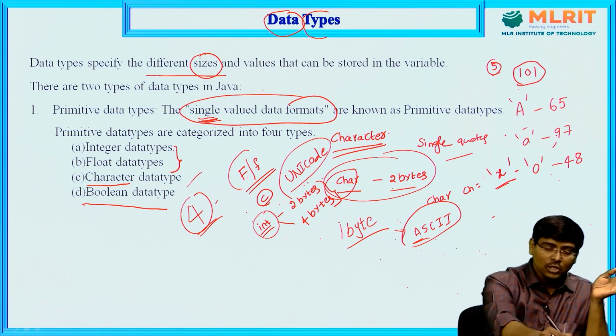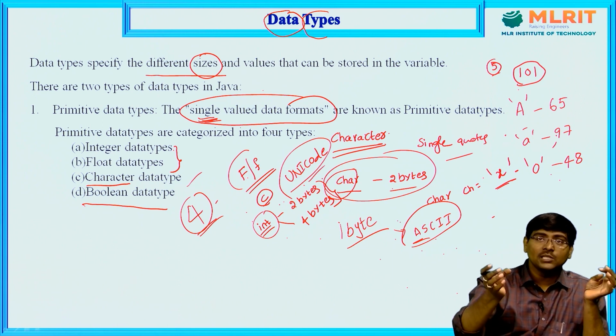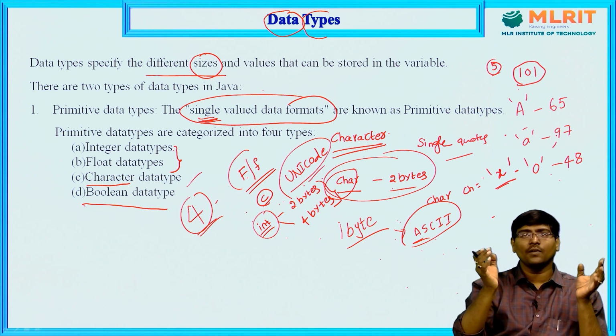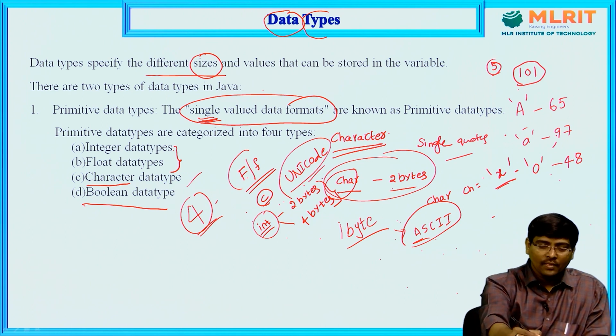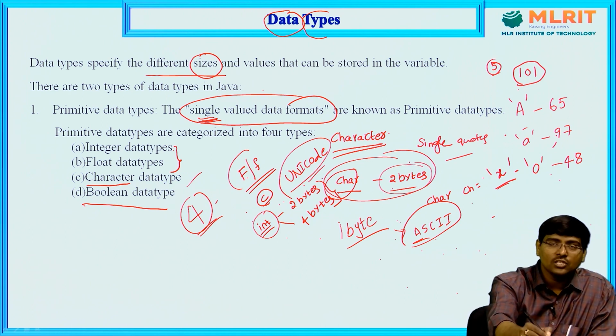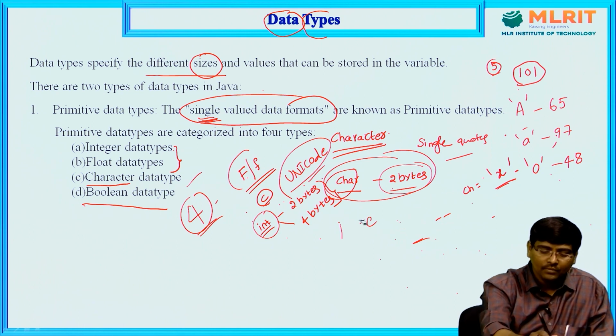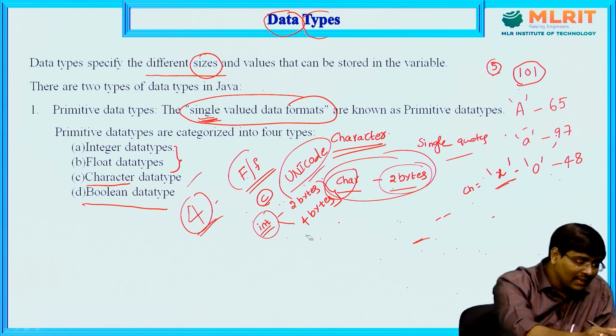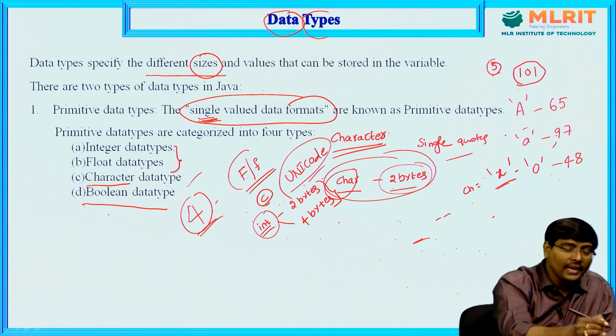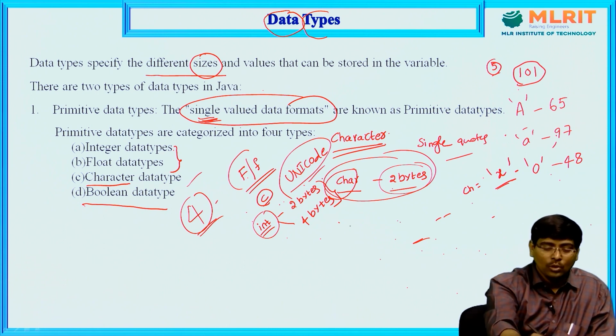Java's Unicode satisfies all the standards of different countries. That is the reason they fixed the Java character size as 2 bytes. Clear? And finally, the Boolean data type. Boolean.